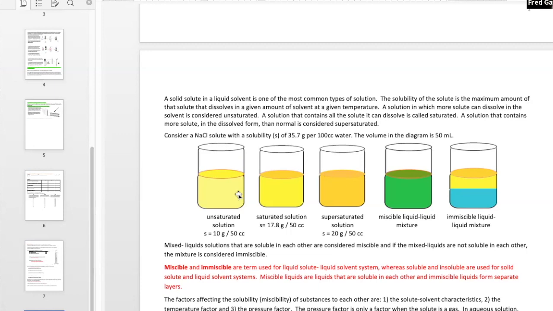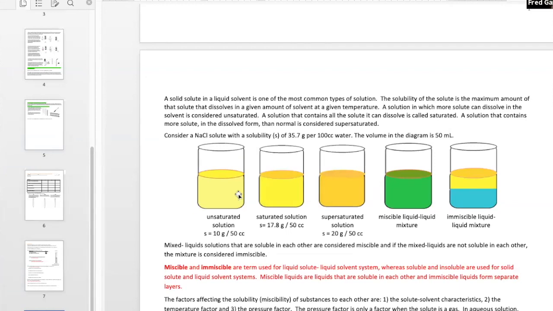What you can do is add a few crystals of salt to that water, which is now supersaturated. Supersaturated means that the solution is holding more than its capacity. Then if you add a few crystals, all the salt above the saturation level will start precipitating out.